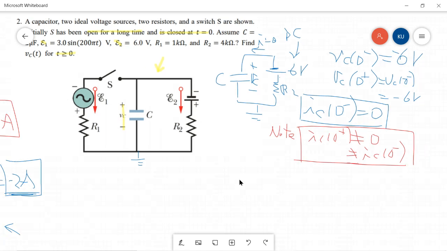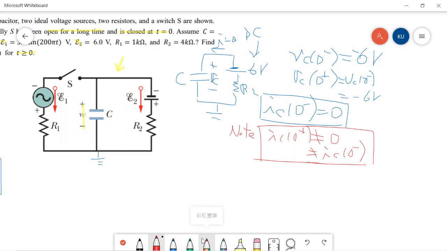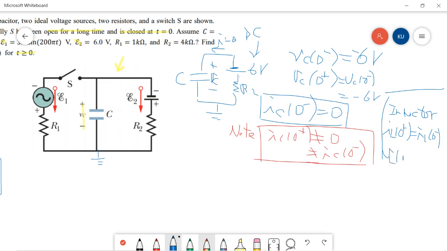For an inductor, IL 0 plus should be equal to IL 0 minus, which means the current of an inductor is continuous, but the voltage of an inductor is not necessarily equal to VL 0 minus.